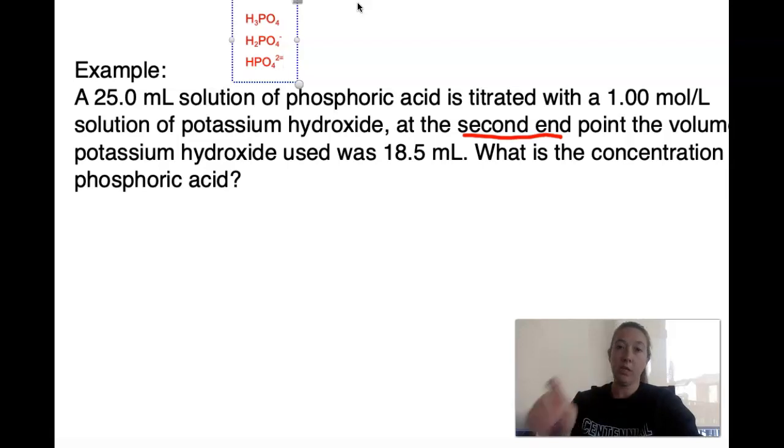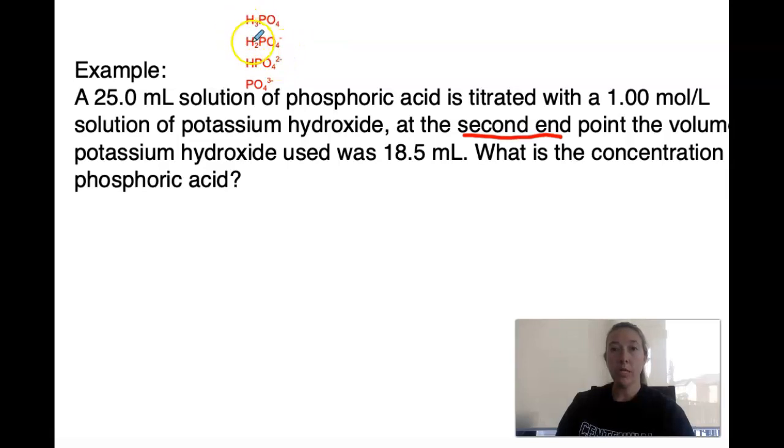We're just continually removing one proton, and then finally it turns into PO4 3 minus, right? So what we're starting with, there's the first equivalence point, there's the second equivalence point, there's the third equivalence point. So this question specifically talked about the second.